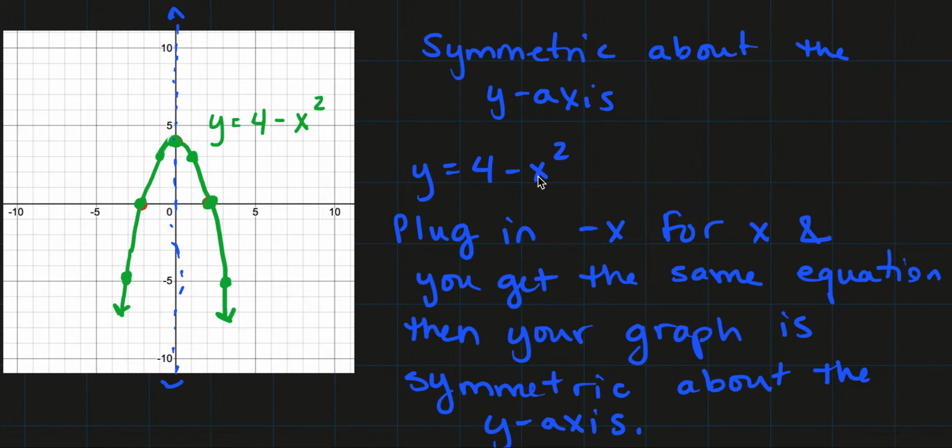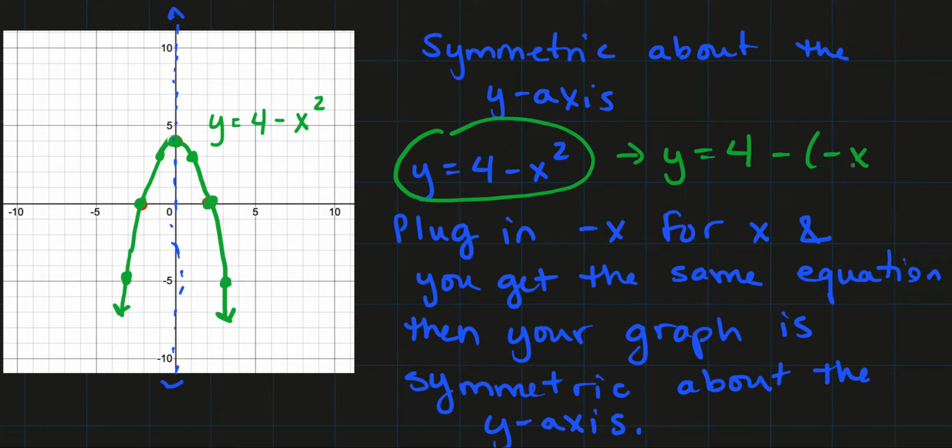What that means is wherever I see an x, I'm going to plug in negative x. So let's look at this right here. Plug in negative x. So we'll get y is equal to 4 minus a negative x squared. Now I'm going to simplify this. If you take a negative number and you square it, you're going to get a positive number.